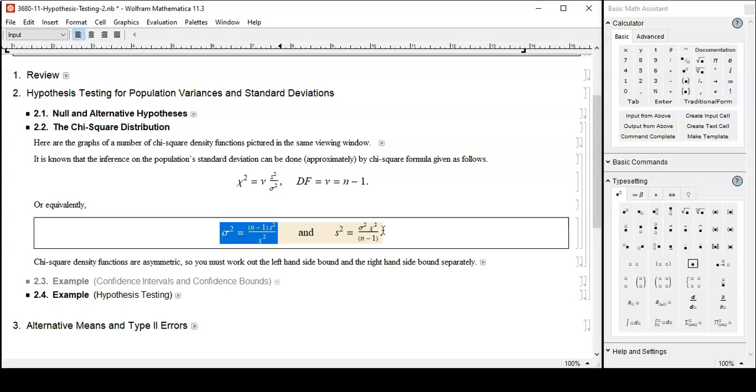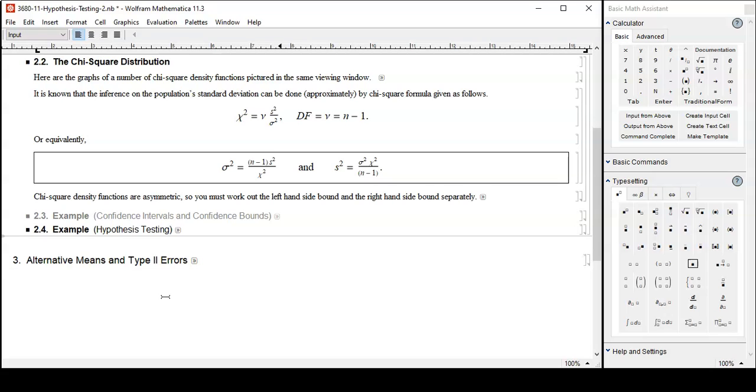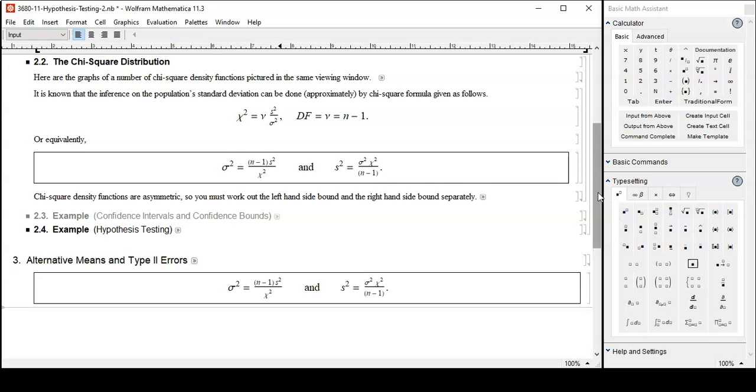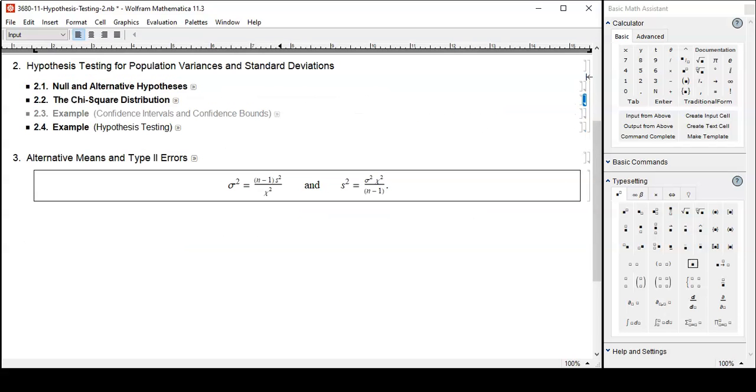But for hypothesis testing, I'm afraid things are a little bit harder. All right, so much for all those, and let me copy and paste this for further reference here. And then let's go ahead with some example problems.